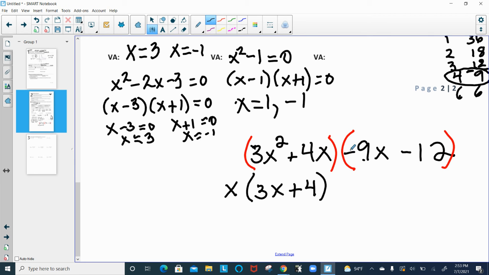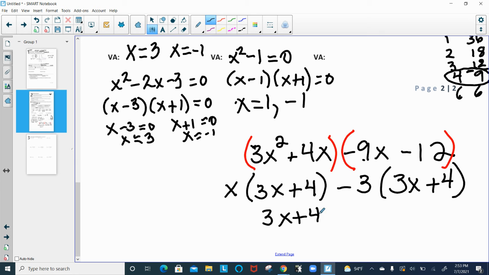But remember, when this is a negative, we need to take out a negative. And I think we need to take out a 3. So that'll be a 3x plus 4. And the goal is to get this binomial to match this binomial. That way we can factor it out. And then the x minus 3 come together to form the other factor. So those are our factors.